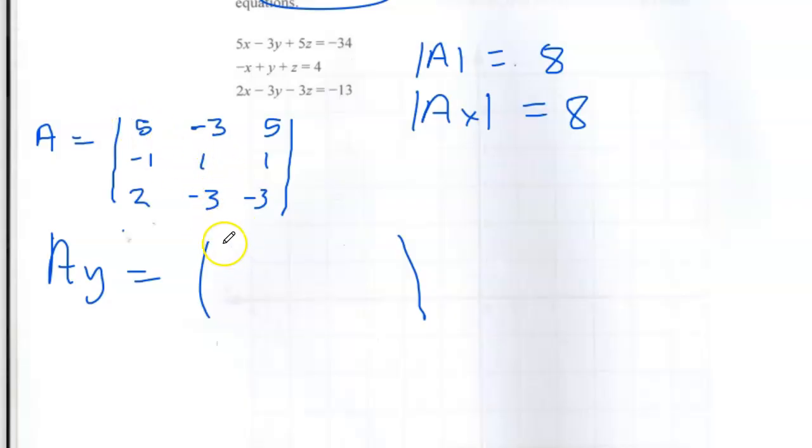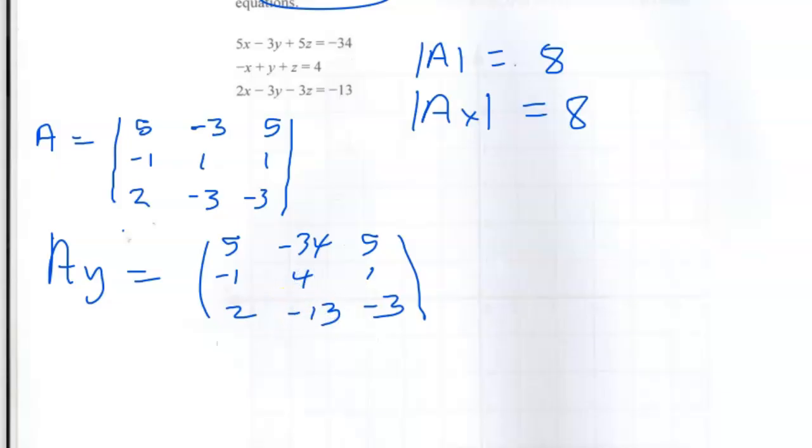So for AY, we put back the 5, the negative 1, the 2, and the 5, the 1, and the negative 3 in the third column. And then the middle column, the Y coefficients, we replace with the values on the right hand side. That's minus 34, 4, and minus 13.